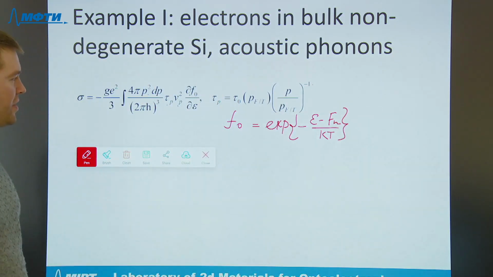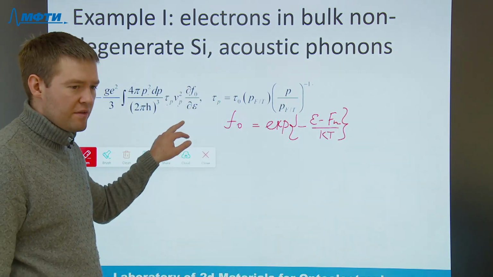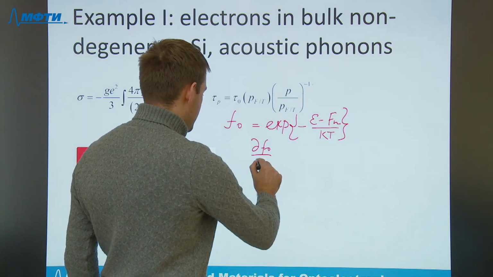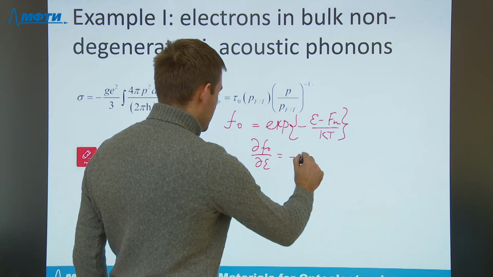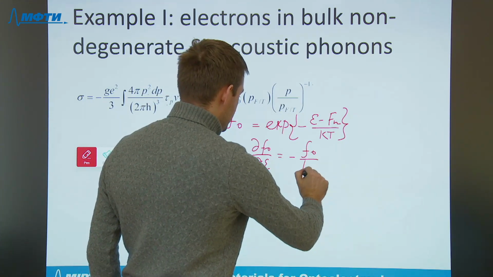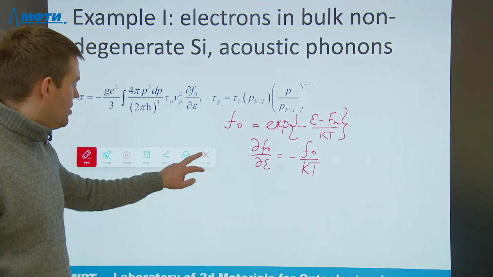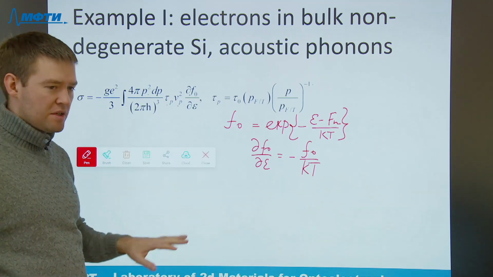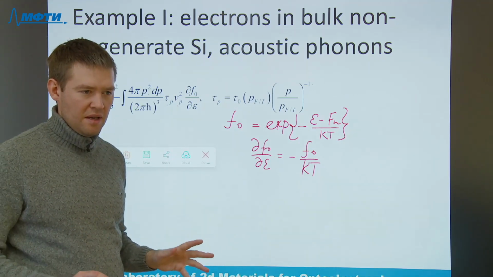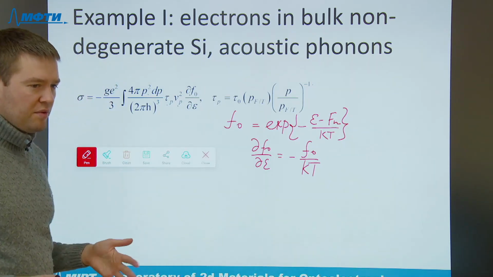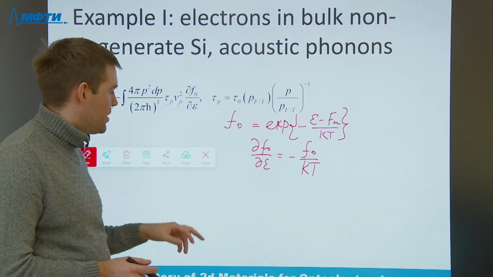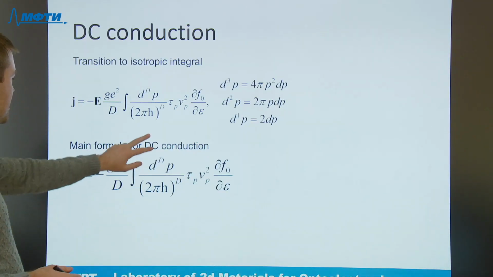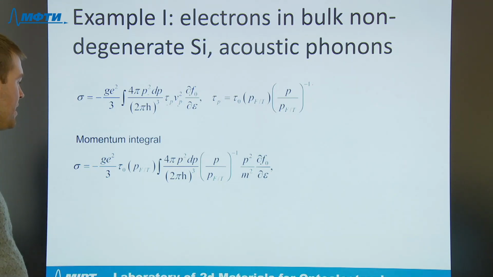The beauty of this exponent is that the derivative of exponent is the exponent itself divided by kT, is minus F0 divided by kT. And all the integrals with exponential function and power law functions are evaluated easily with the help of reference books or with the help of Wolfram Mathematica software, and it can be treated quite in a simple way.